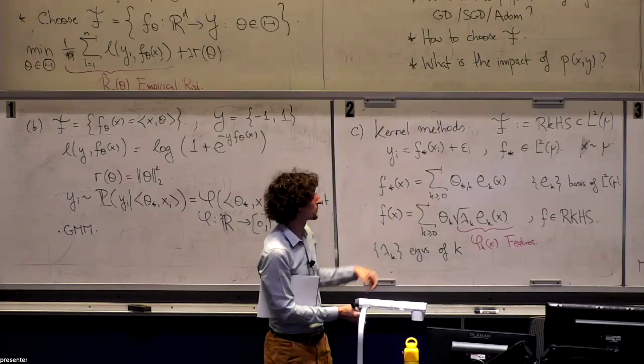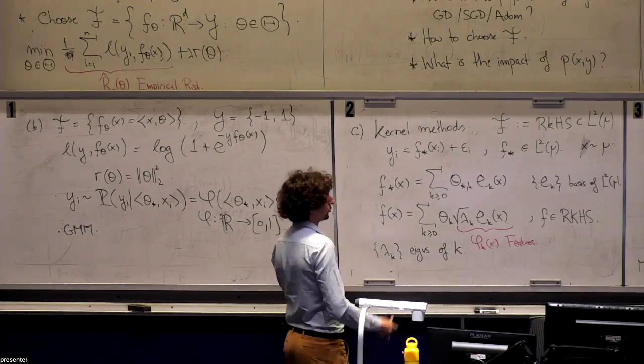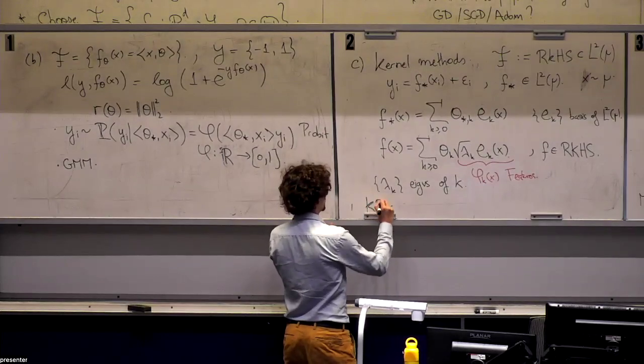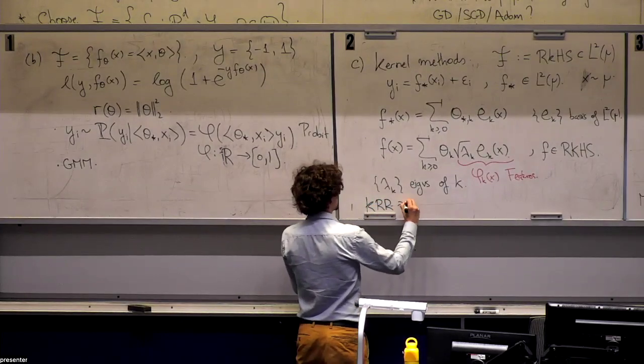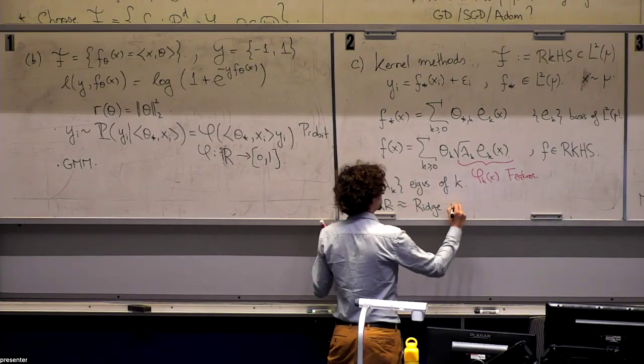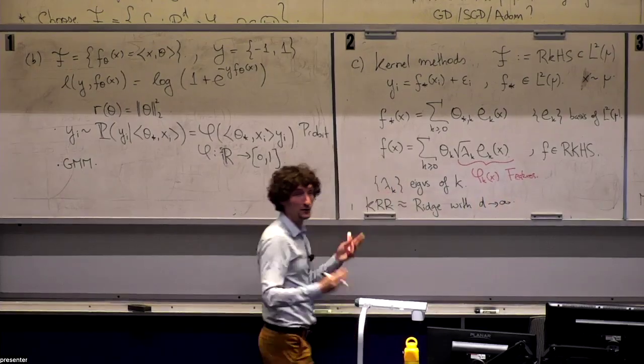So for all purposes that we are going to see later, kernel ridge regression is essentially equivalent to ridge, and you can think of it as ridge in infinite dimensions.